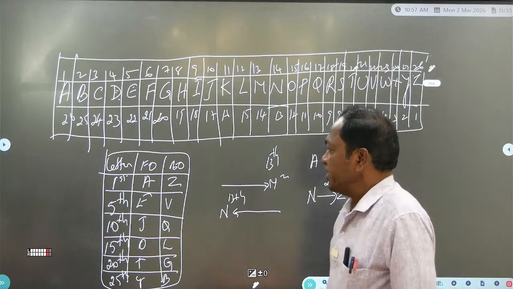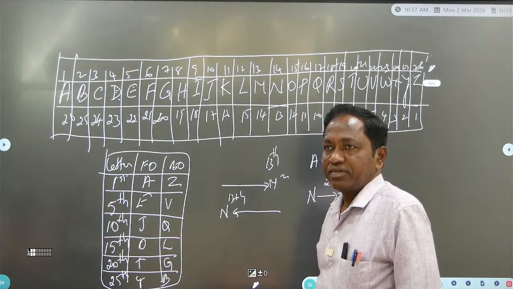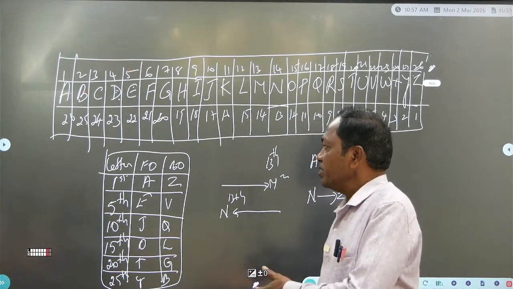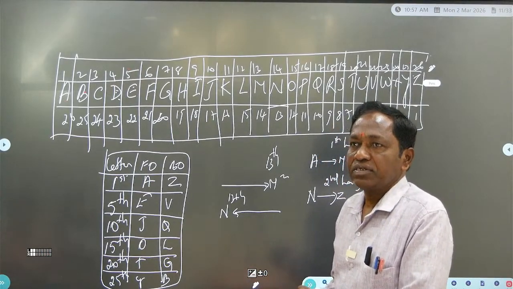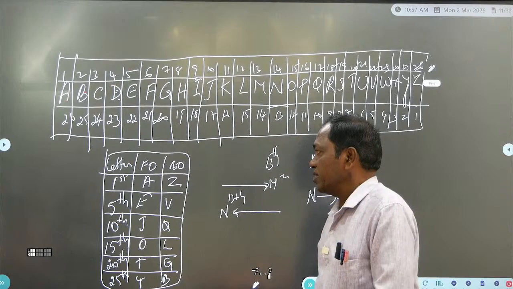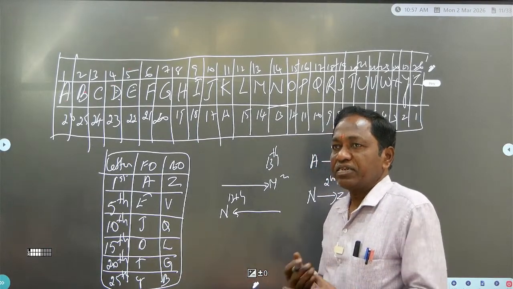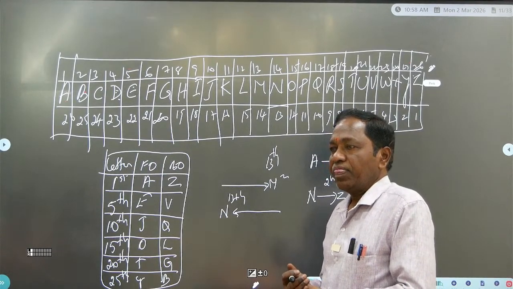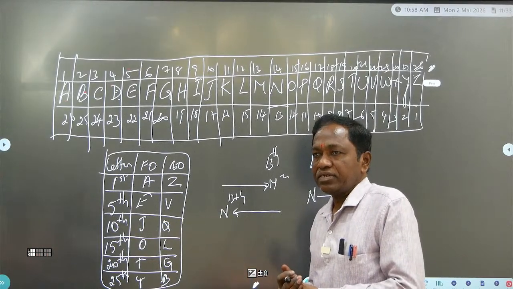Because of combinations AZ, EV, JQ, OL, TG, YB like that. These are the combinations: the position of the letter from the beginning and at the same time the position of the letter from the last. AZ, the first letter from the beginning and first letter from the last. It doesn't mean that every time it will happen like this.